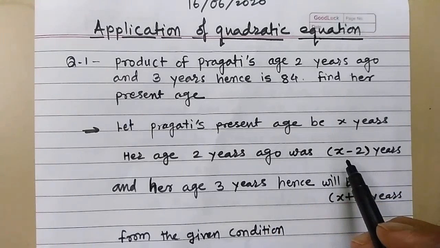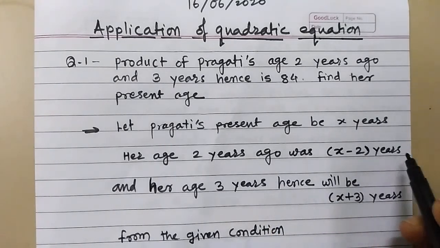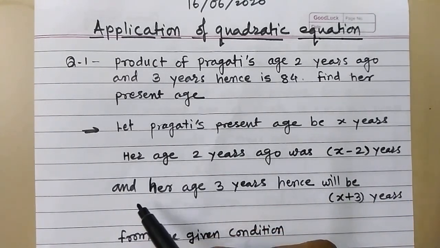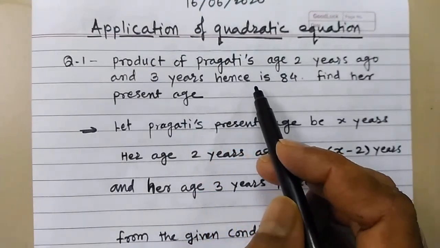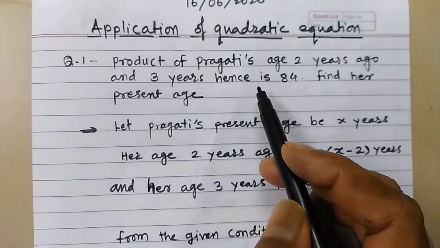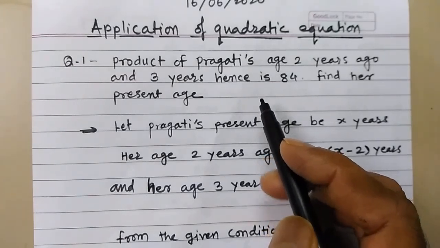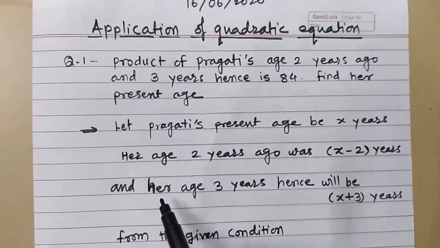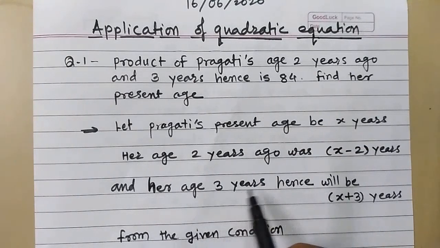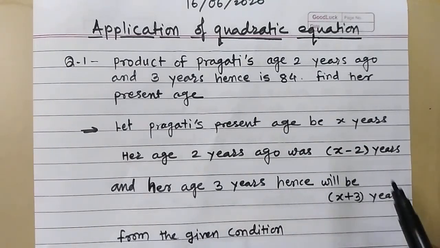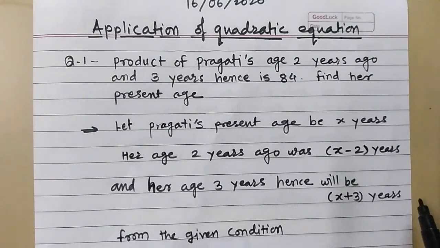Then we get the age 2 years ago, that's why x minus 2 years. Now, what is the age 3 years hence? 3 years hence means 3 years from now. So we have to add 3 to the present age. Her age 3 years hence will be x plus 3 years.